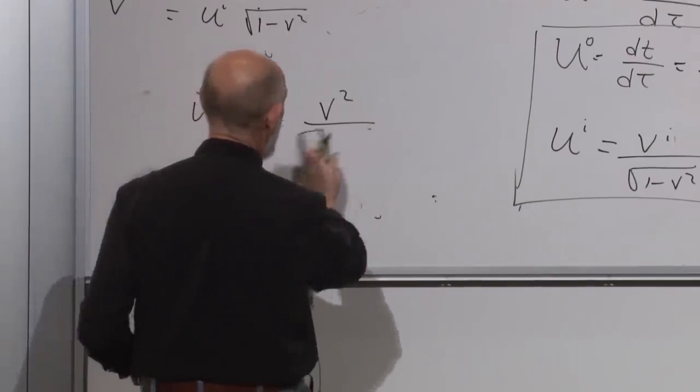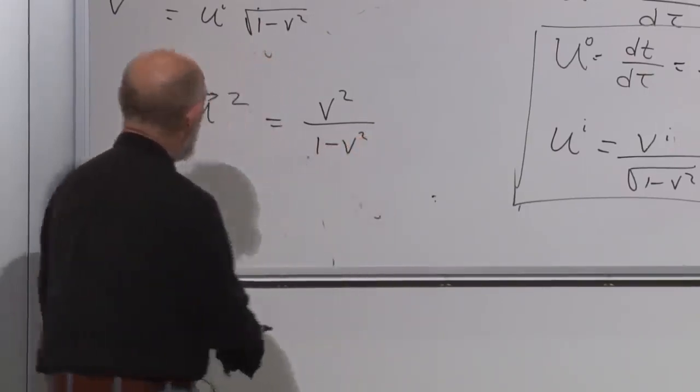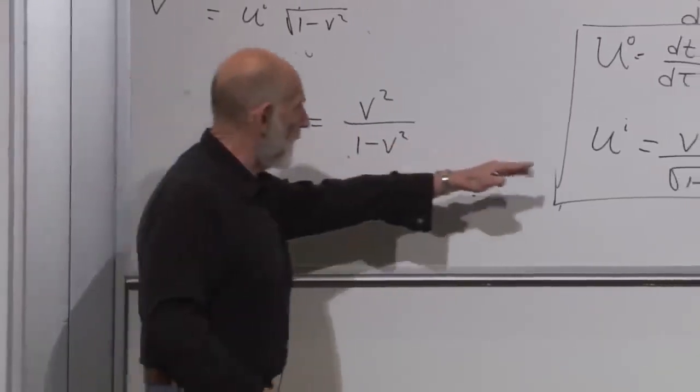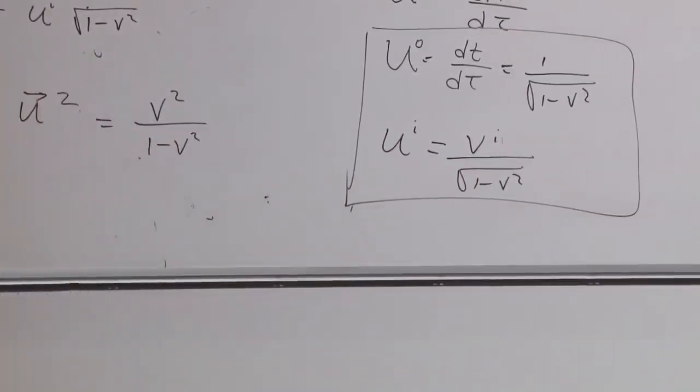The space component squared, u squared, is v squared divided by 1 minus v squared.